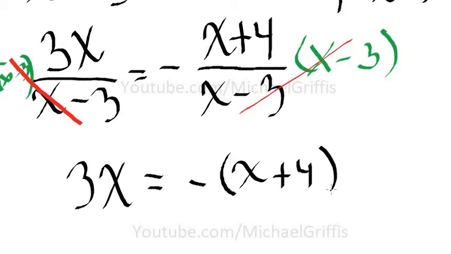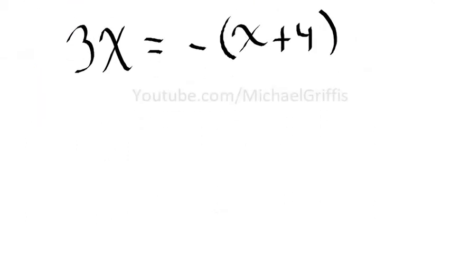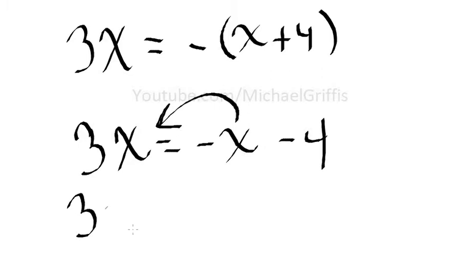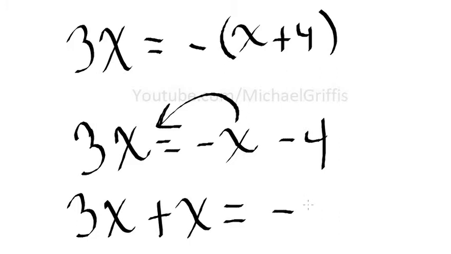All right. Now we have 3x is equal to, okay, go ahead and distribute that across. Go ahead and do that. Take this x, or add x to both sides. This becomes 3x plus x is equal to -4.